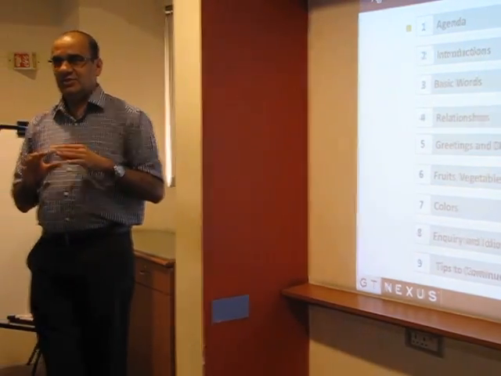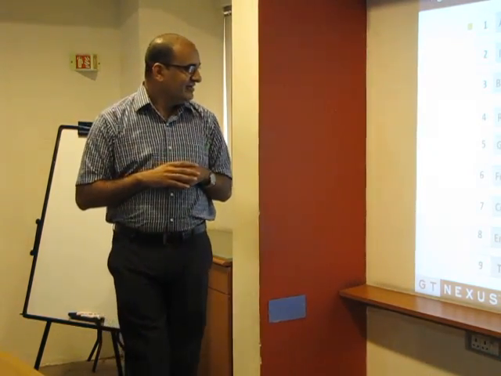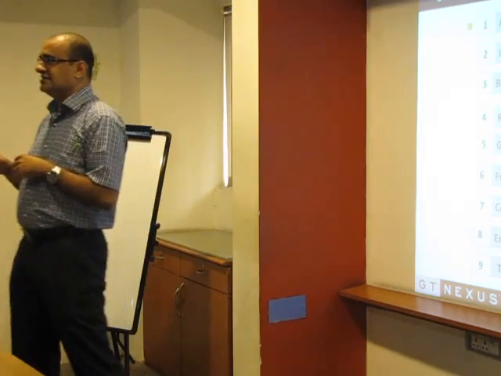And then we'll go into relationships, not for the complicated ones, but for the good ones. And then some greetings, what you usually greet others as, and some directions: Rajaji Nagar Hogbeku, Balagade Hogbeku, straight. So some of those we'll talk about.